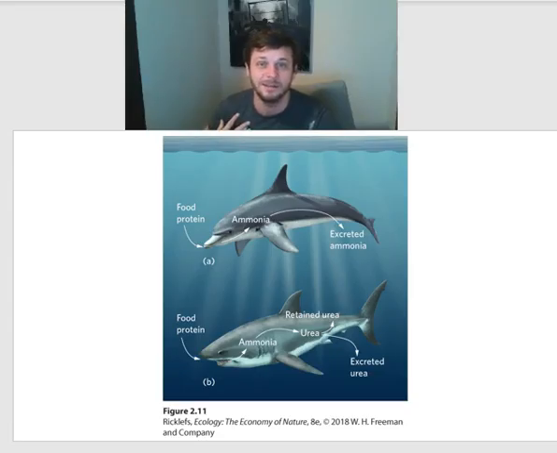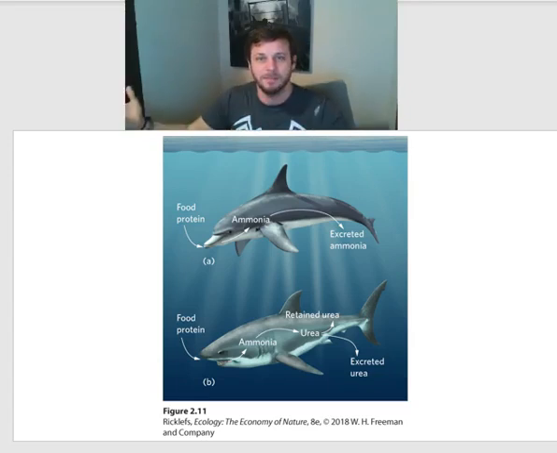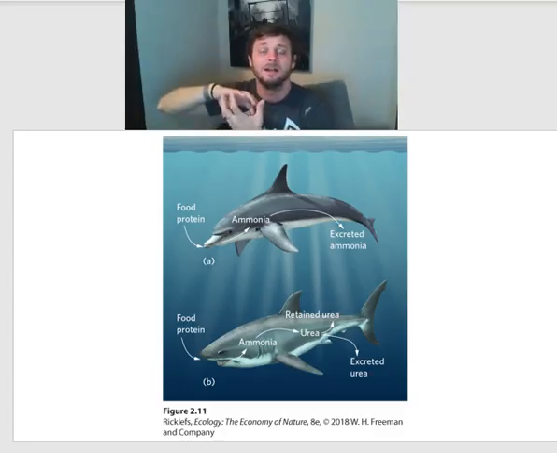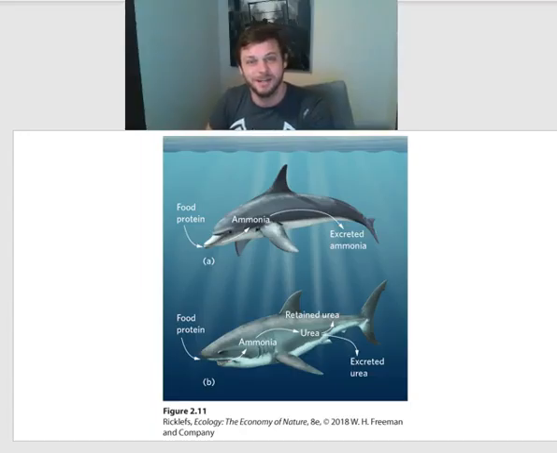So in us, when we eat protein, we break it down into the amino acids, and we can do this thing called deamination, where you pull off a nitrogen. That nitrogen turns to ammonia. Ammonia is not good to have in your body, and so our body changes it to urea, and so it's a less dangerous chemical molecule, and you then wait until you have to pee, and then you get rid of that urea.